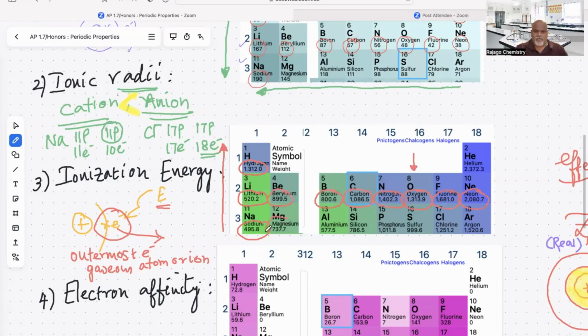The same thing happens here: 495, 737, 577, and then 786, 1000, a slight dip to 999, and then it starts increasing. From left to right, we know why it is increasing: the electrons are being added in the same shell and the protons are increasing. The effective nuclear charge is increasing.